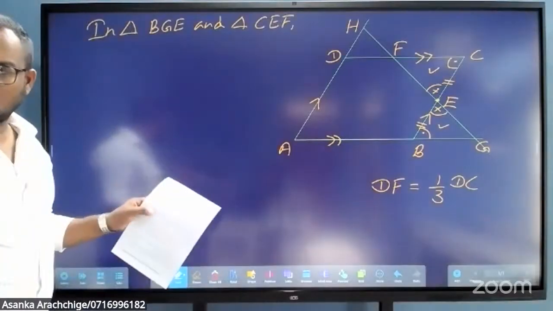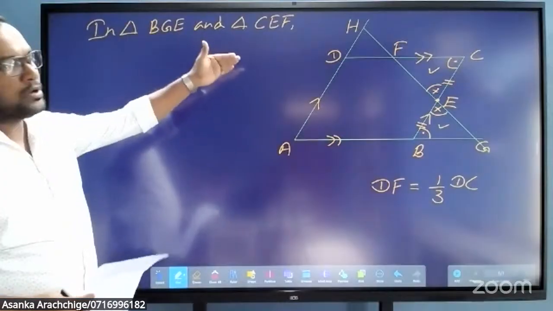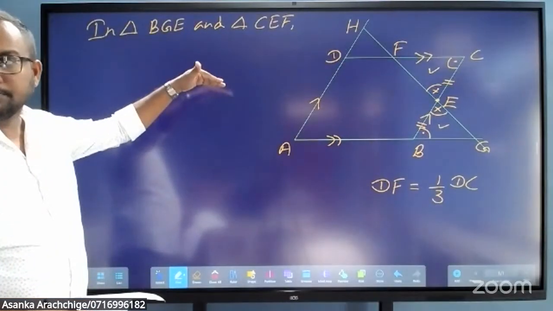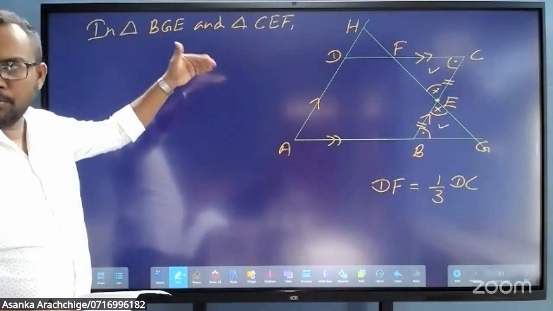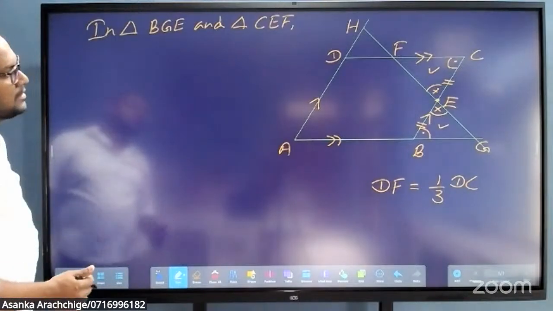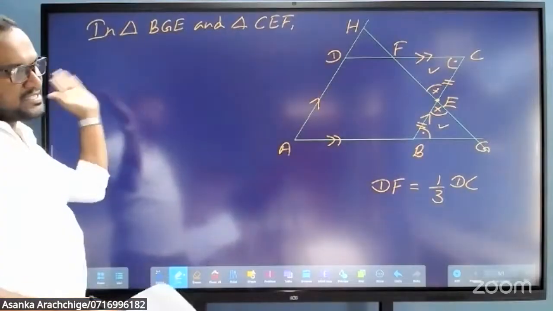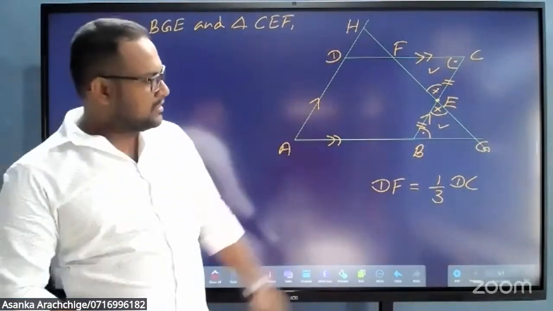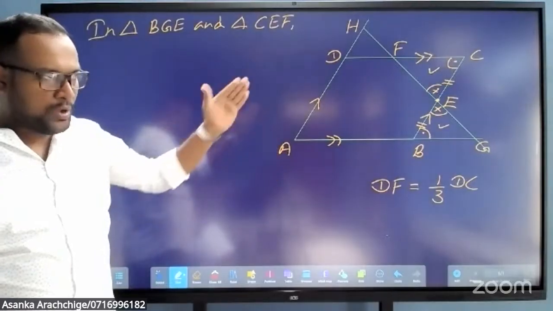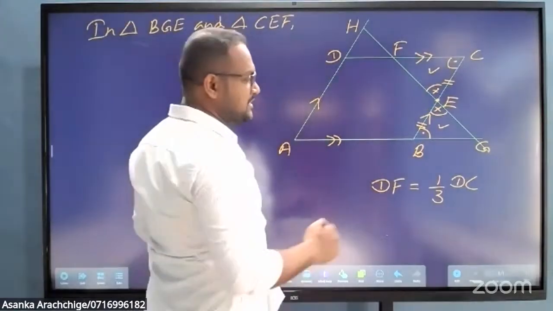Whenever you show that two triangles are congruent, you have to write the two triangles you are going to make congruent. Understood? Then the elements of the triangle BGE must be on the left hand side. Now the case is AAS case, two angles and a side. So I take the two angles first.